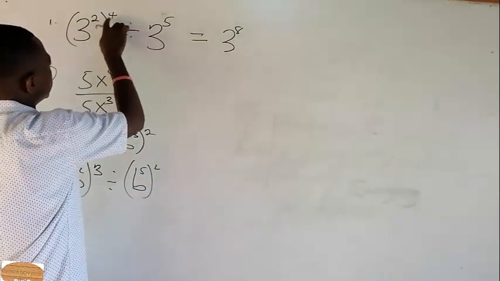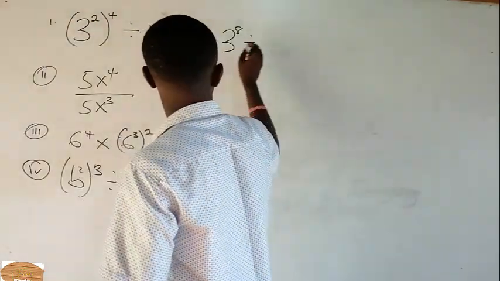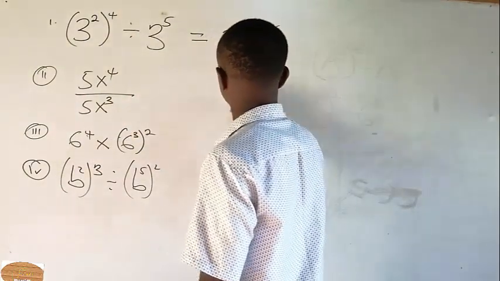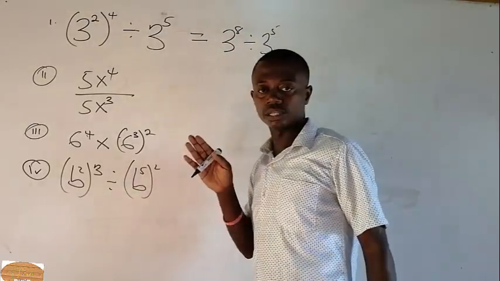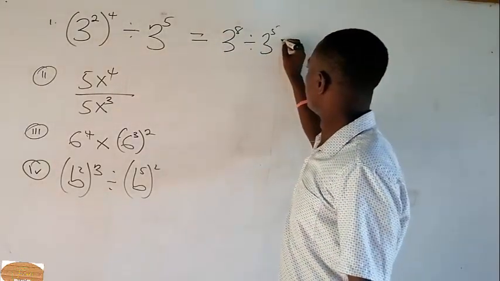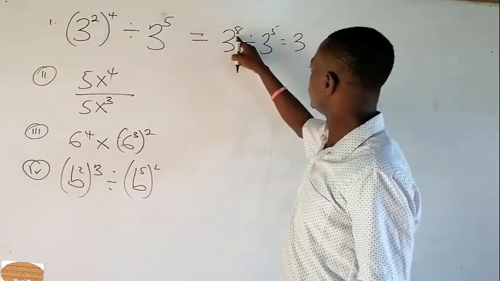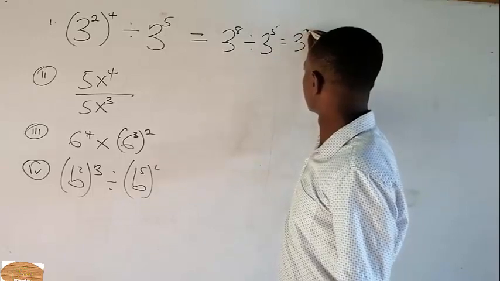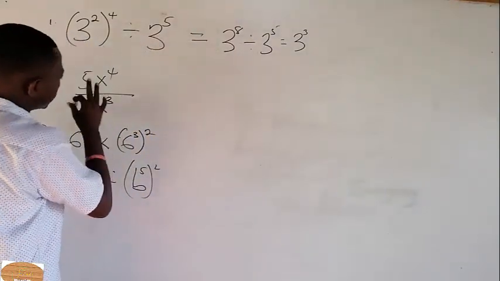We multiply these, then the division sign comes, and we have 2 to the power 5. Since this is division, and we know division is subtraction, we are going to subtract the exponents. So this one is straight away 2 to the power 12 minus 5, which is 7.